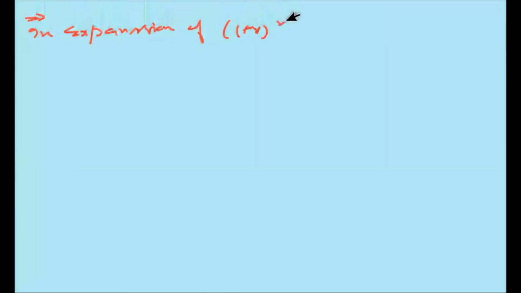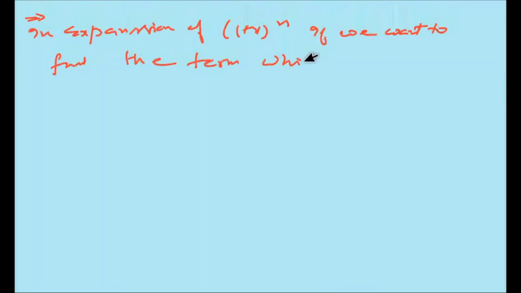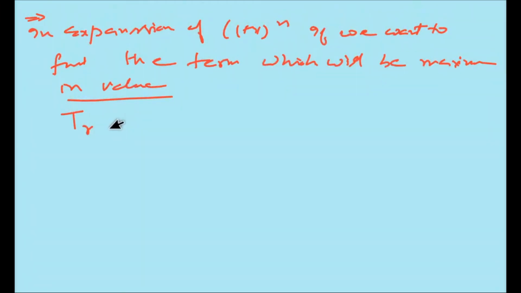Now the second point I want to describe: in the expansion of (1 + x)^n, if we want to find the term which will be maximum in value, then what we have to do is first take T(r+1) upon T(r).